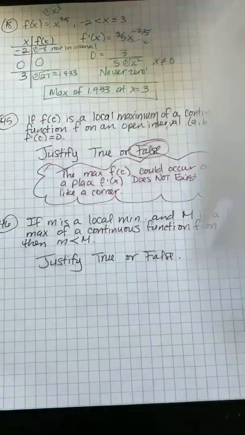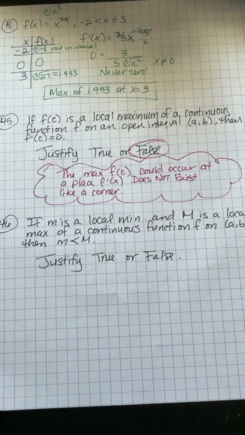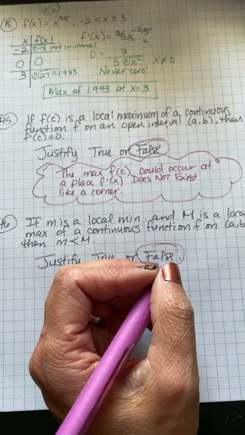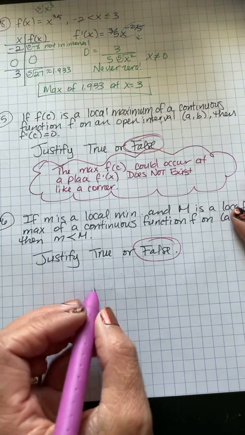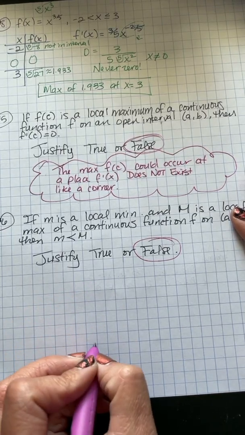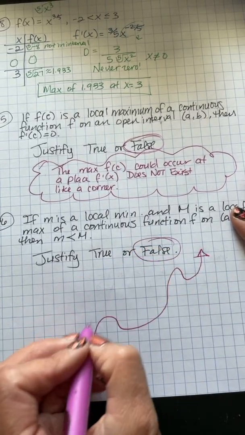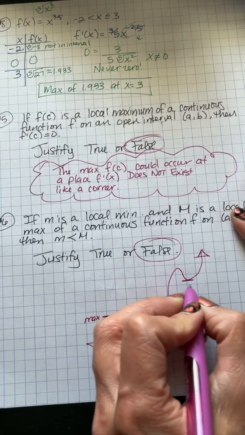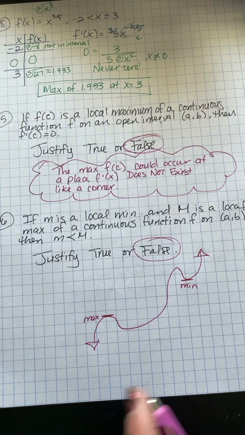So just because it's a minimum doesn't necessarily mean it's going to have a smaller value than the maximum. So this is false. And so to justify that, just draw a picture. Like we can have a max down here and a minimum up here. And obviously the minimum is higher than the maximum, so it could happen. And our picture will do enough to justify in this case.